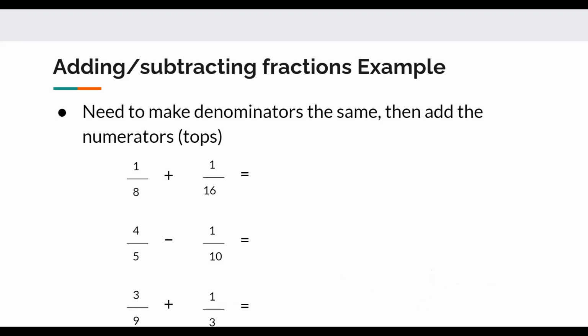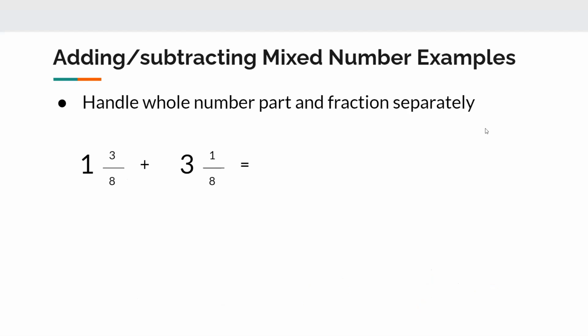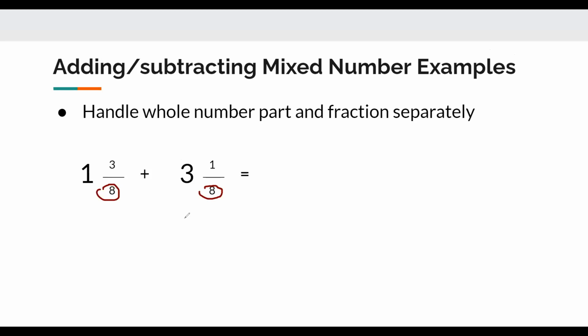All right, let's look at some examples now with mixed numbers. We want to remember to handle the whole number part and the fraction separately. 1 3/8 plus 3 1/8. Our denominators are the same, so we don't need to make an adjustment here. We can start out by adding the whole numbers. 1 plus 3 is 4. And 3 plus 1, the top of our fraction, is 4.